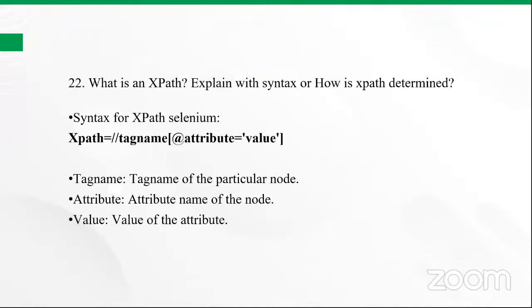Okay. So XPath in Selenium is an XML path used for navigation through the HTML structure of the page. It is a syntax for finding any element on the web page.